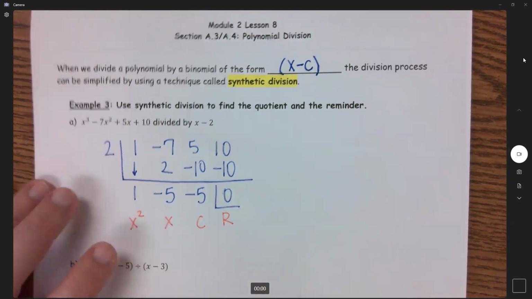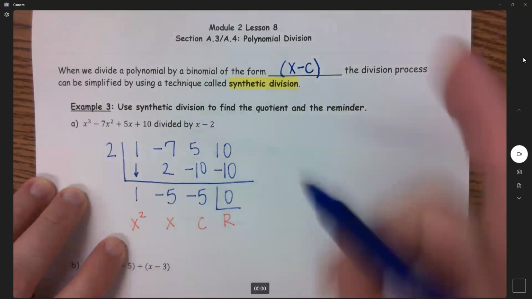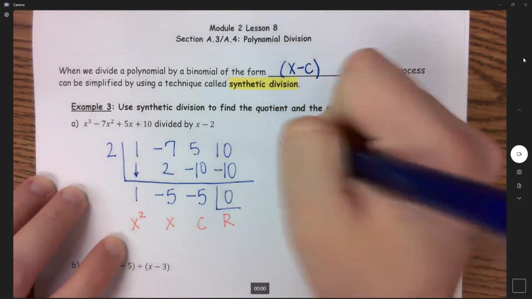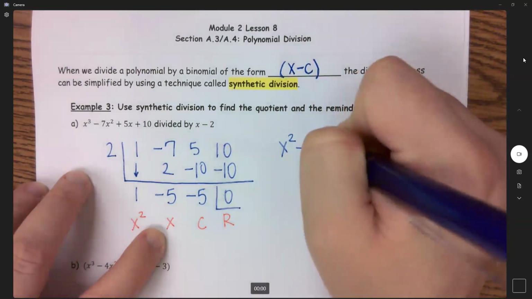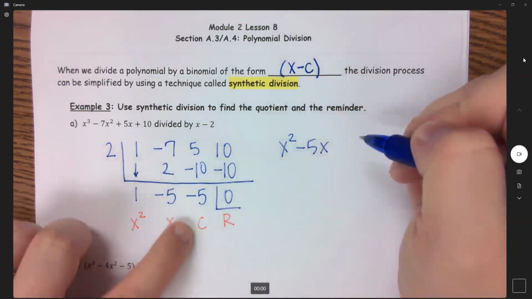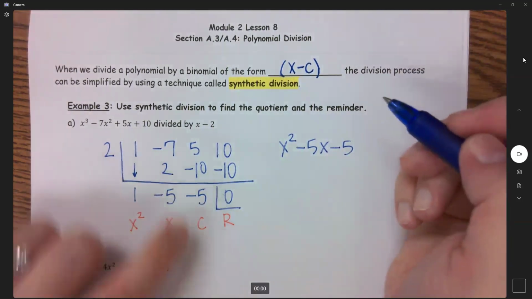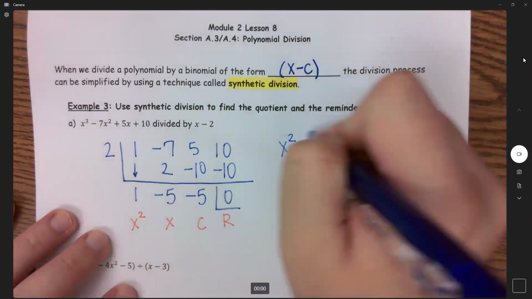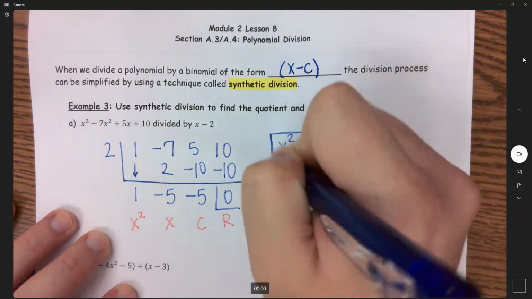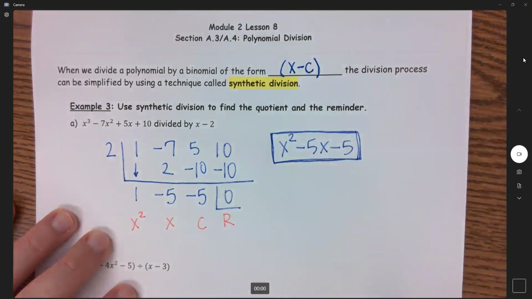So my answer is technically 1x squared, or just x squared, minus 5x, minus 5, which is my constant, so I have no variable with that, and then my remainder of 0. So because I have a remainder of 0, this one divides in evenly. This is my final answer.